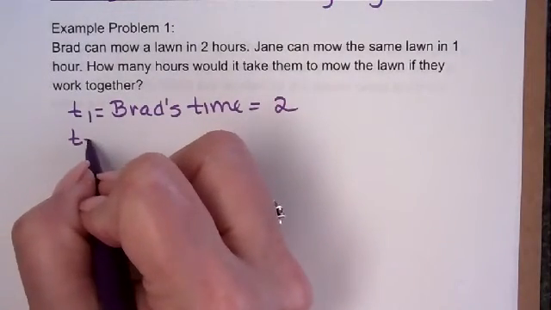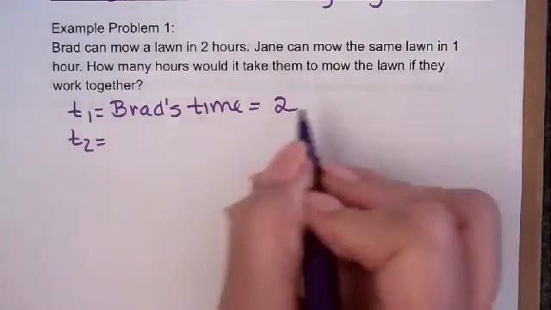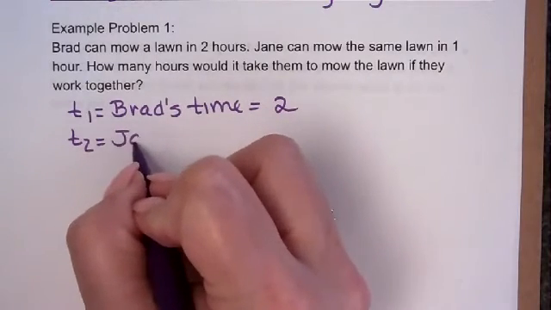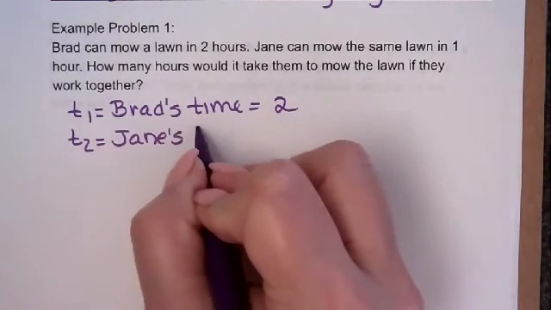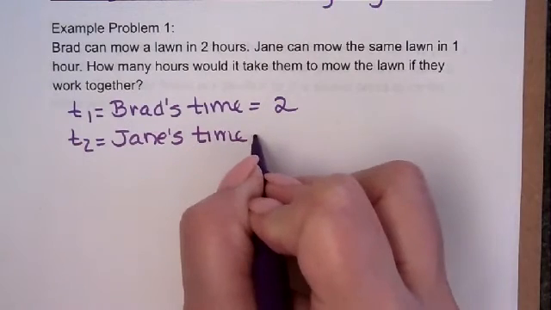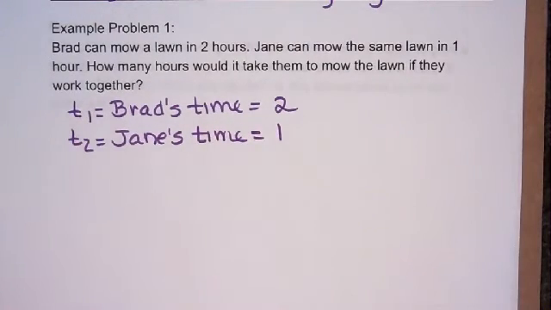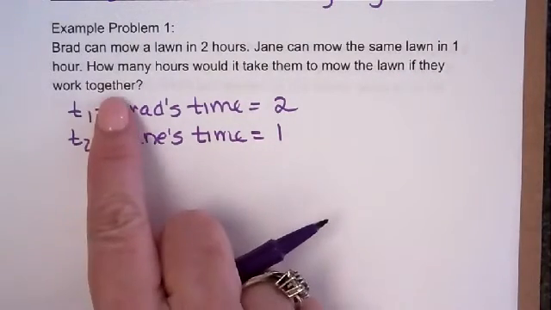Let's let T sub 2 be Jane's time, which is 1 hour. And X is what we're looking for, because X is how long it takes them to do the job together, and that's what the question asks: how long will it take if they work together?